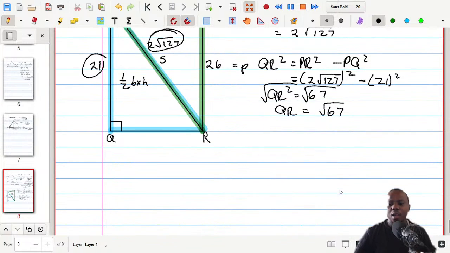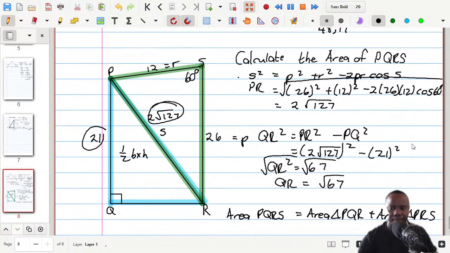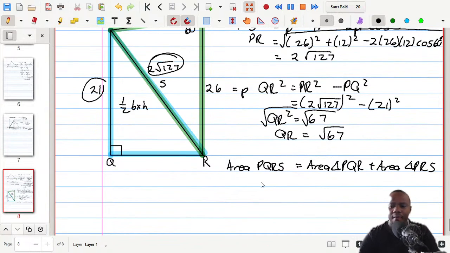I am not done. What I now need to do is to calculate the area of the entire thing of PQRS. This is going to be the area of triangle PQR plus the area of triangle PRS. So let's see.